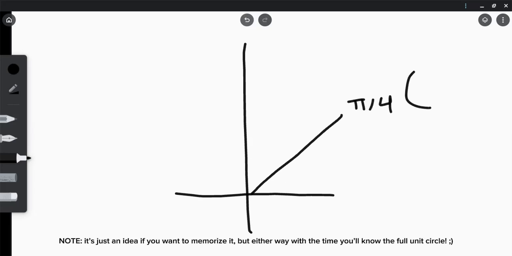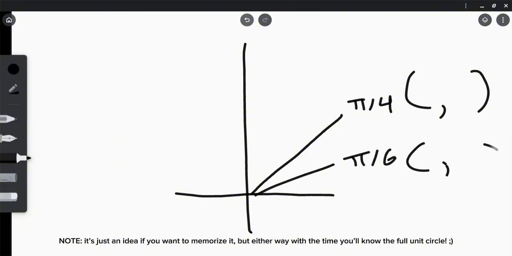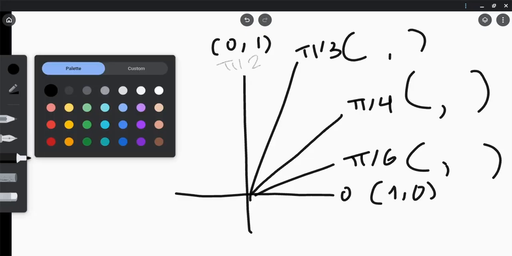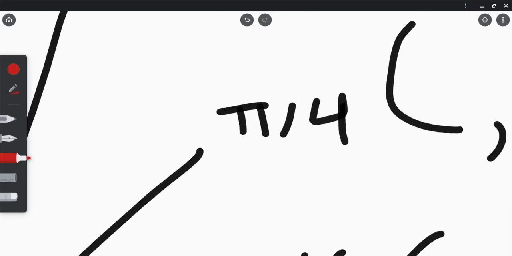But once you memorize this, you don't have to be drawing triangles all the time. However, you can still do it. That's the old-fashioned way. But it is helpful to have this memorized. It's always helpful.